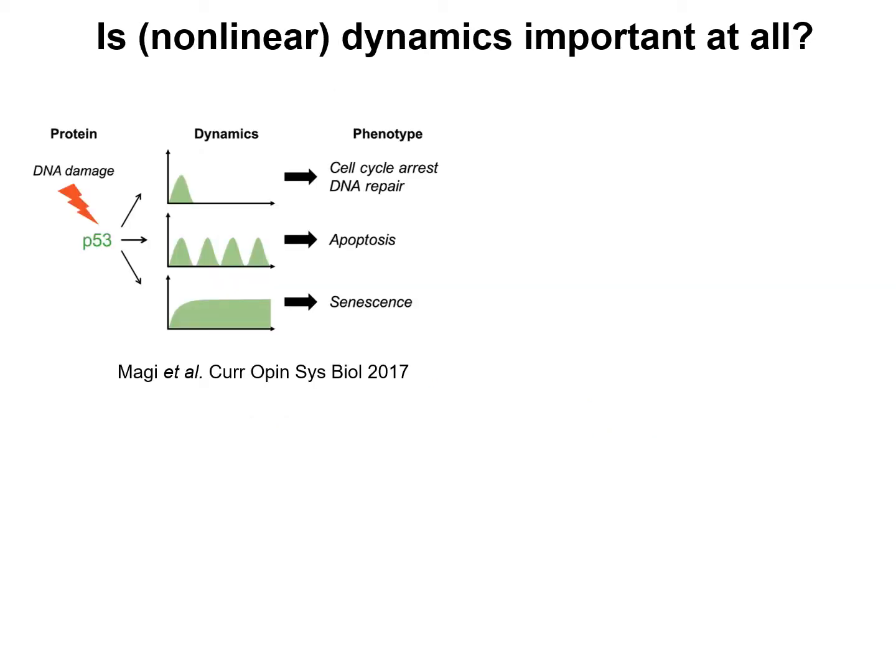Now, is this nonlinear dynamics important at all? So we have been talking about the example of a plant, which is the entire organism, on the previous slide. Now let me shift gears and talk to you about what happens in a cell.